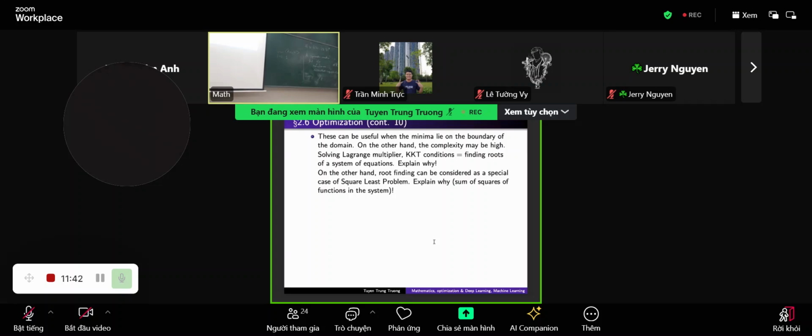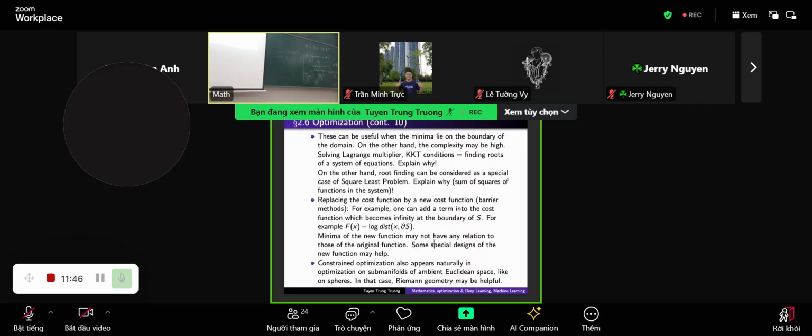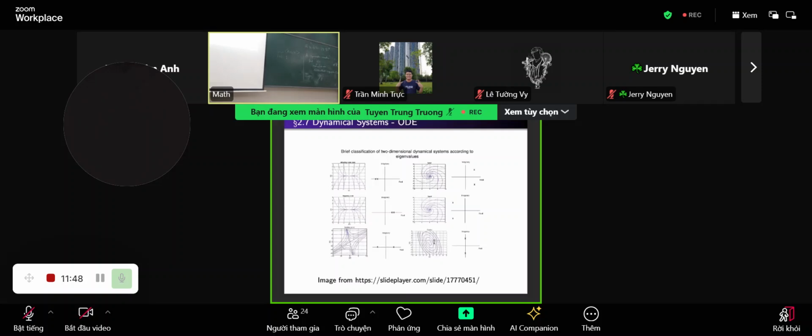Okay. So now we come to another field in mathematics, dynamical systems. The role of dynamical systems in deep learning and machine learning is to help you prove the convergence of optimization methods.